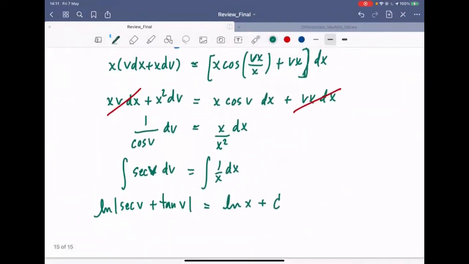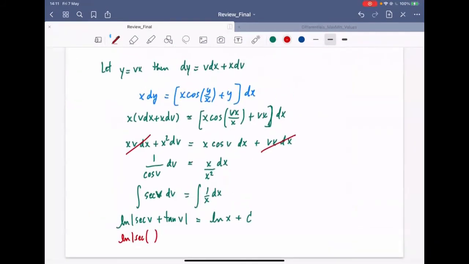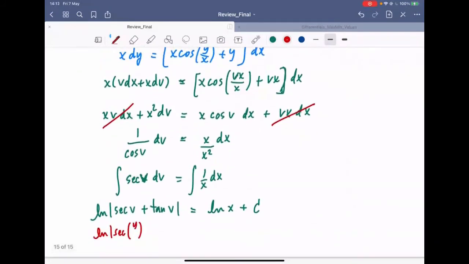Let's say this is out of 10, you're going to get 9. You're almost there, but the last step that some of you always forget is to switch v back to y and x. So v is y over x, plus y over x, and then log x plus c. This is the final answer.